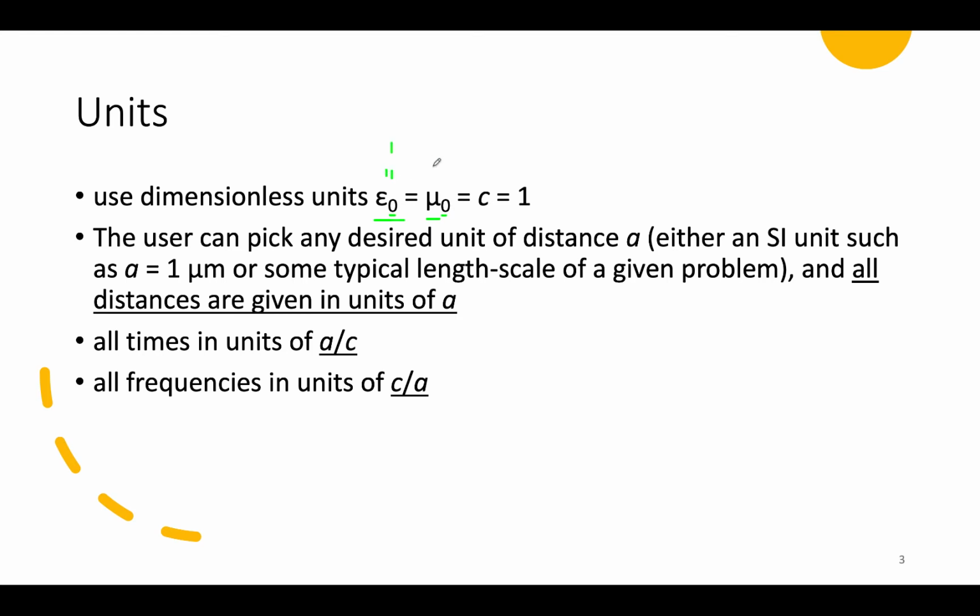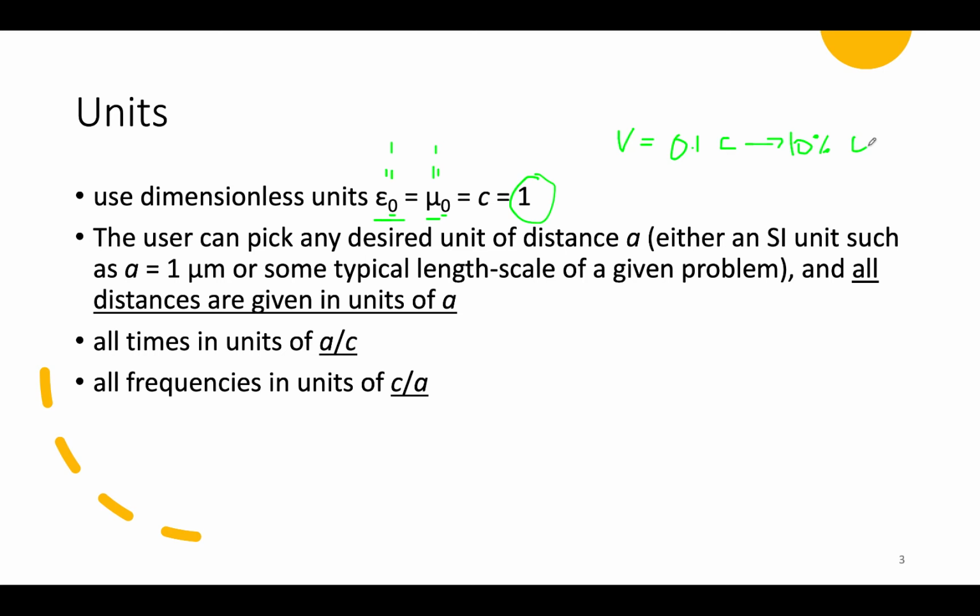So once these two are set to 1, the speed of light in vacuum is also going to be 1. So when we express velocity in Meep, those will all be a function of c. For instance, if we have a velocity that is 0.1 c, that means that the velocity will be 10% the speed of light in a vacuum.